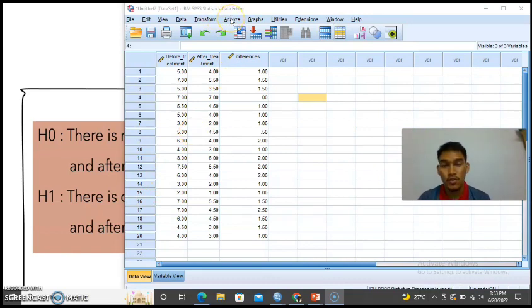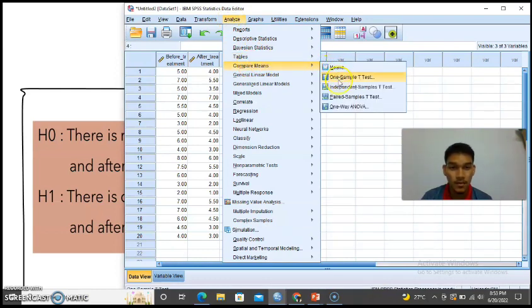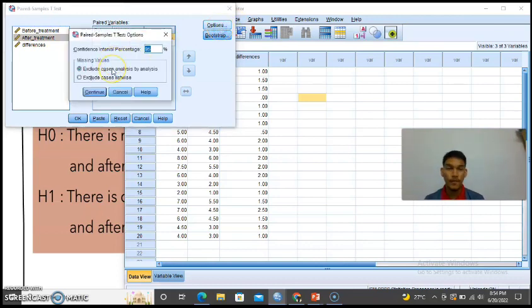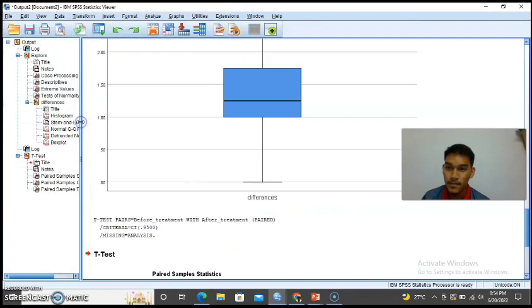So we go to Analyze, find Compare Means, and search for Paired-Samples T Test. Click before treatment, move it into variable 1, and click after treatment, move it into variable 2. After that, we click Options, confirm the confidence interval percentage is 95%, and click Continue and OK.